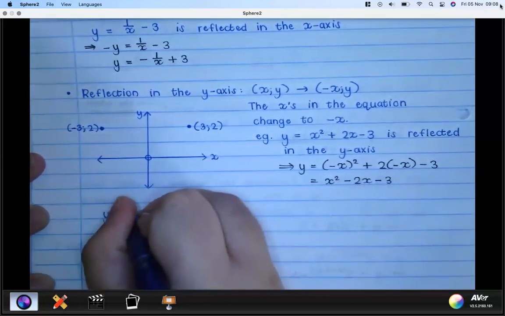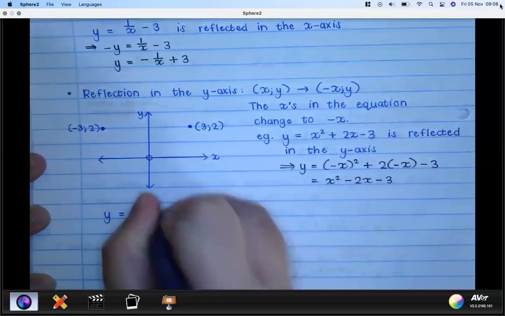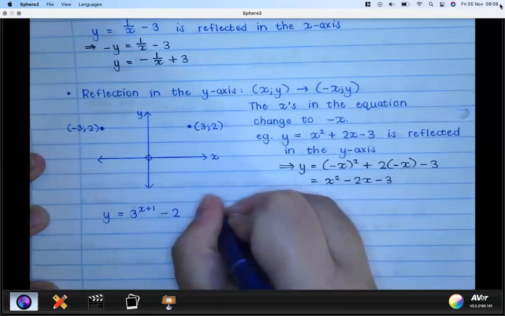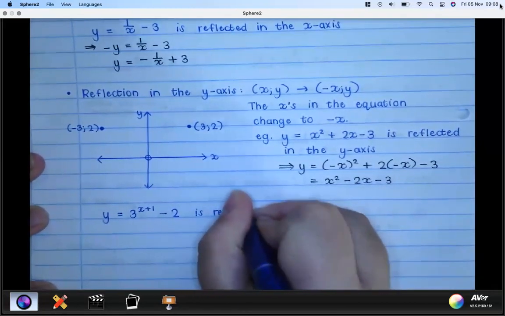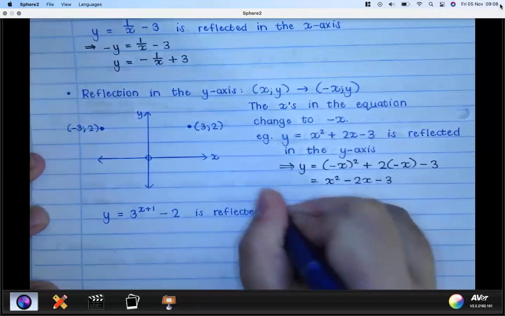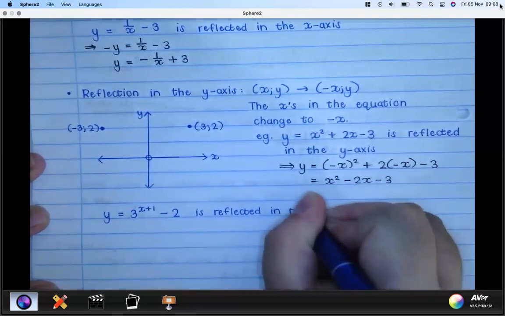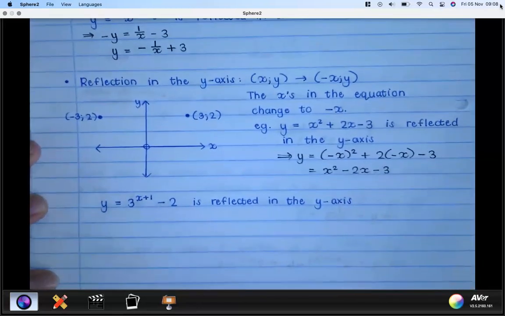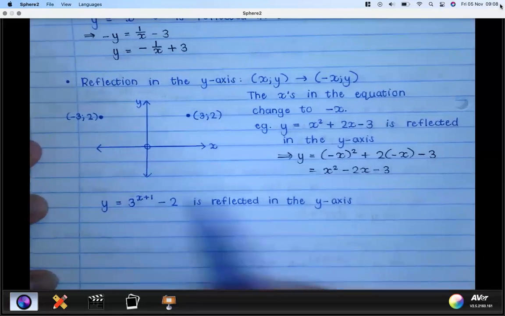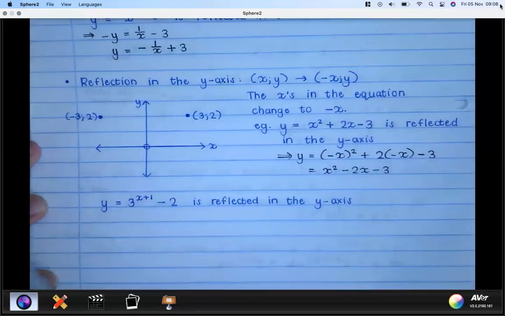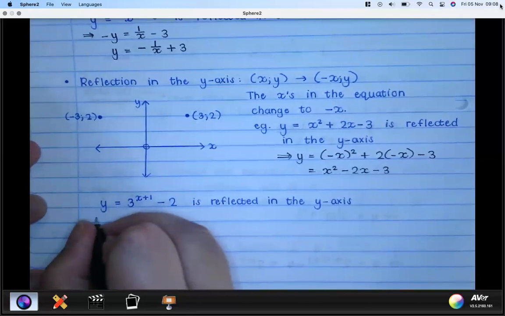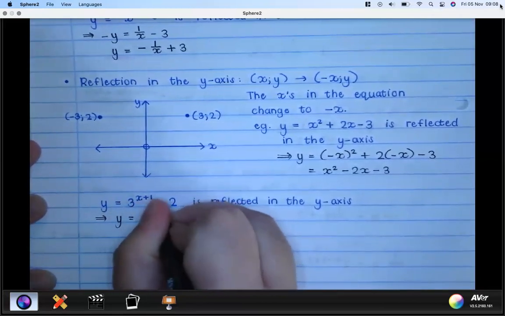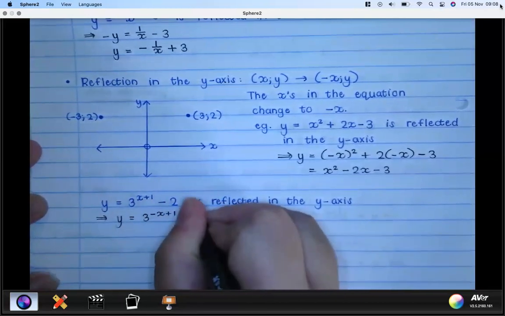So if we have y equals 3 to the x plus 1, minus 2, and that is reflected in the y-axis, we know when you reflect in the y-axis, x changes its sign. So this is going to become y equals 3 to the -x plus 1, minus 2.